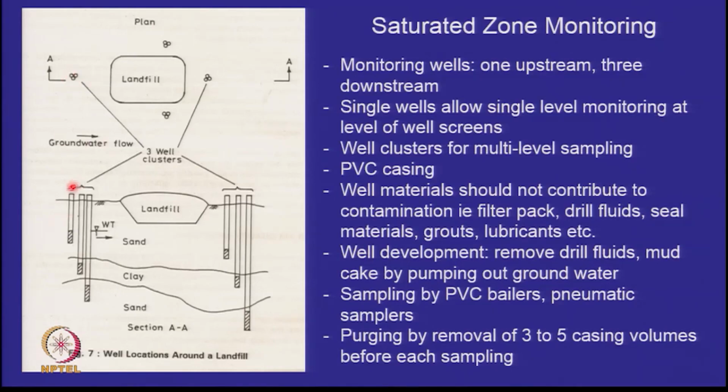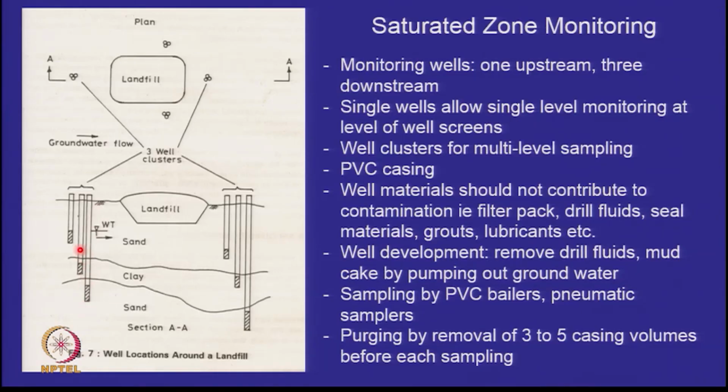Now one well is normally good for detecting at one level. And if you want to detect at 2-3 levels, then we can adopt a cluster of wells. We did this last time: why can't the same well be used for monitoring at different levels?